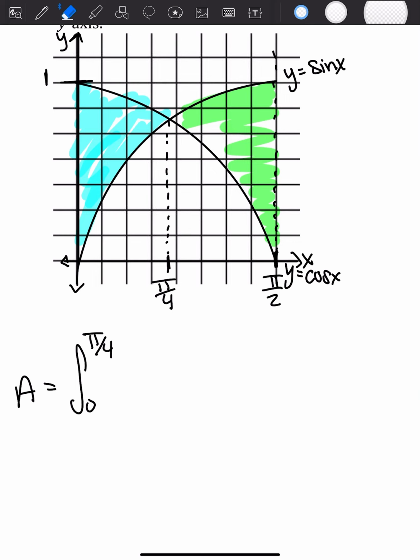So now we need to decide which one's on top and which one is on bottom. If we look at this, the cosine graph in this blue is the one on top because it's starting at that maximum, starting at 1 and going down. Sine is on bottom because it's starting at 0. So we are going to do cosine of x minus sine of x dx.